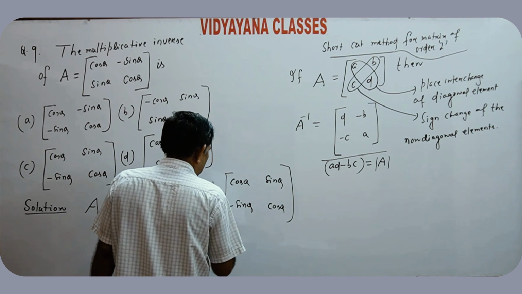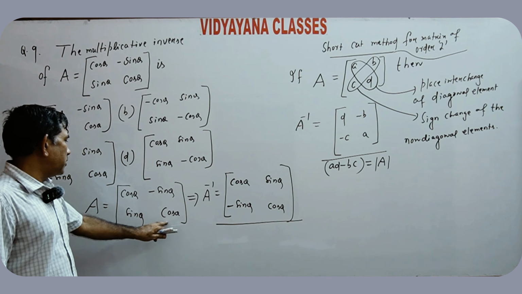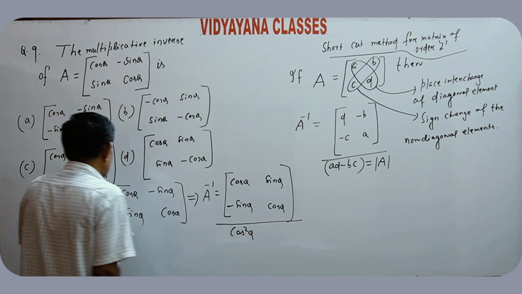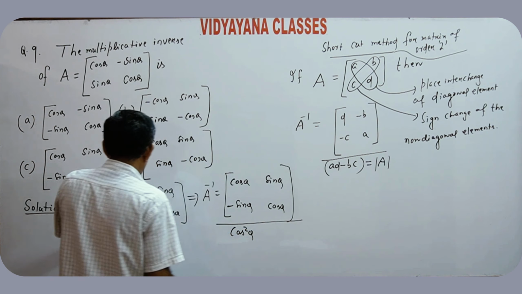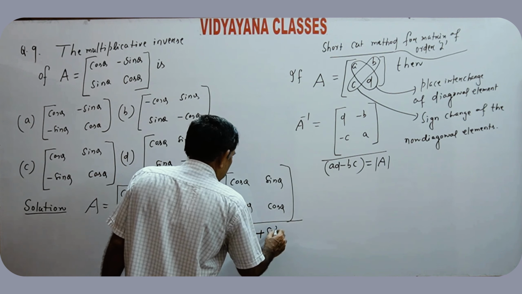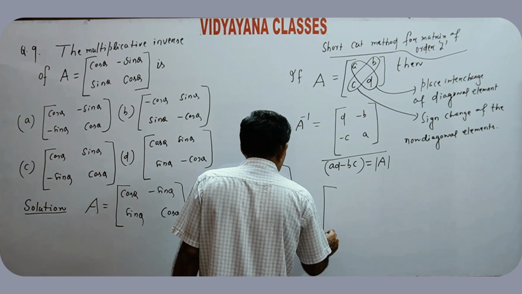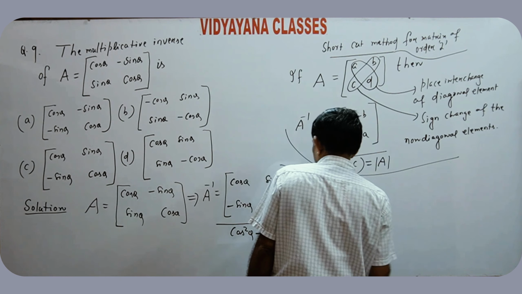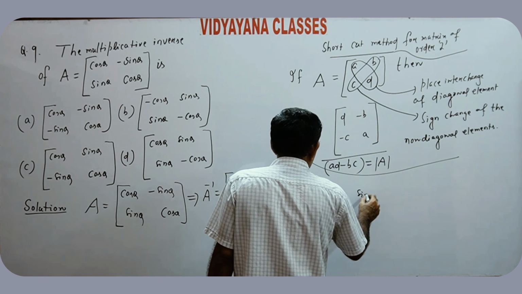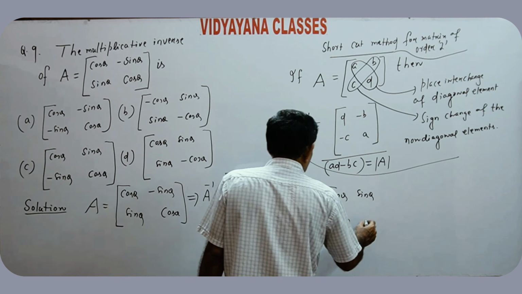Whole divided by AD minus BC: A is cos theta, D is cos theta, cos square theta, minus minus 1 plus sin square theta, which is the same as cos theta, sin theta, minus sin theta and cos theta.